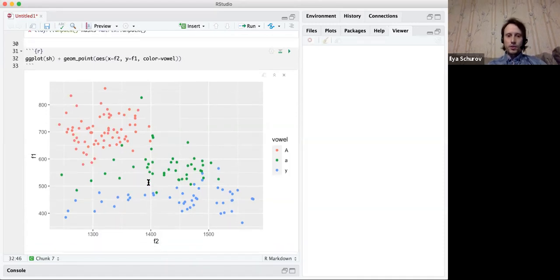So let us try to use random effects model for this data set. Let us use this vowel type as a random effect. I'm basically not sure that it is a good idea. Probably we just have to add this vowel as a collection of dummy variables, a so-called fixed effect.